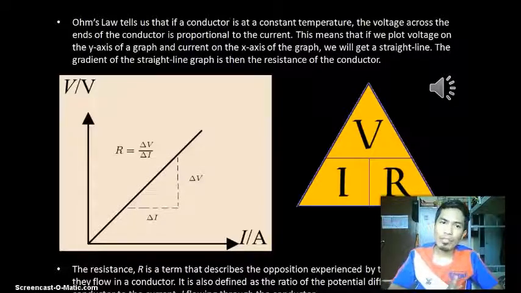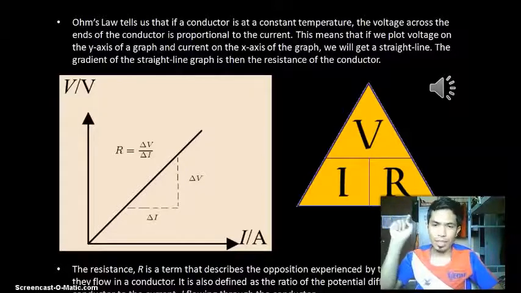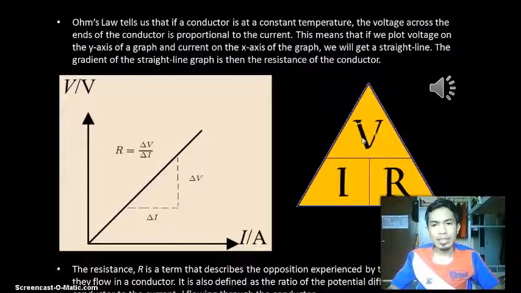The gradient of the straight line graph is then the resistance of the conductor. So this is the general formula for V, I, and R. We make it in a pyramid shape.